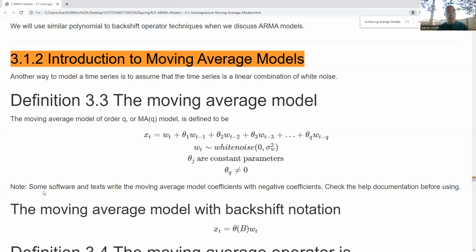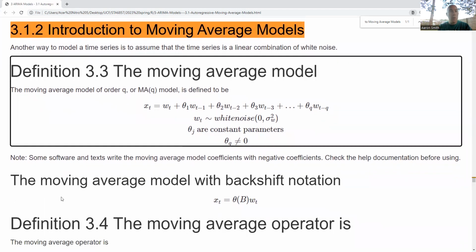One thing you need to do before running this type of model, whether in R, SAS, Stata, or SPSS, is check the help documentation to see how to interpret these coefficients. Is the formula with a plus sign or a minus sign? If I don't look at the help documentation, I don't know how to interpret it correctly.